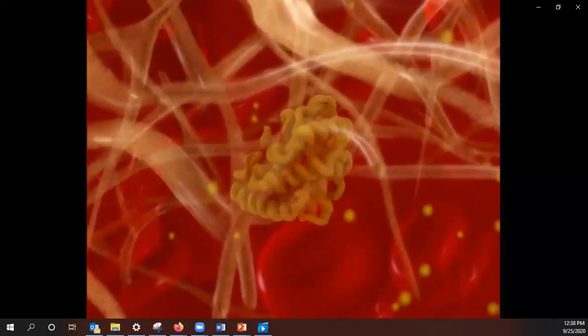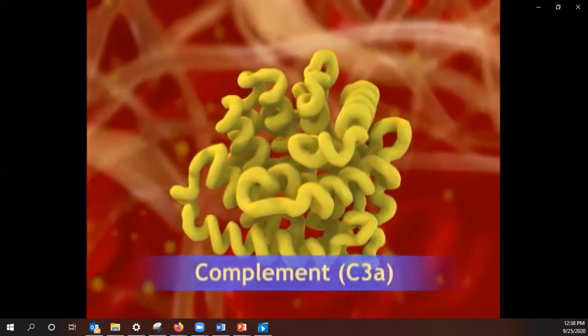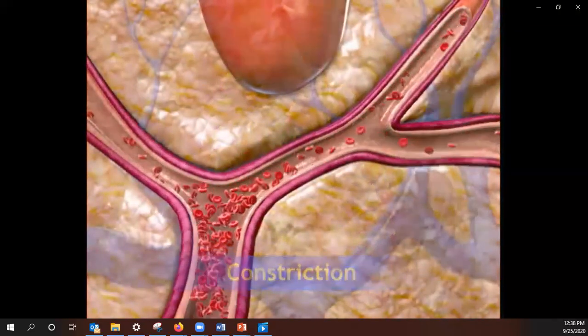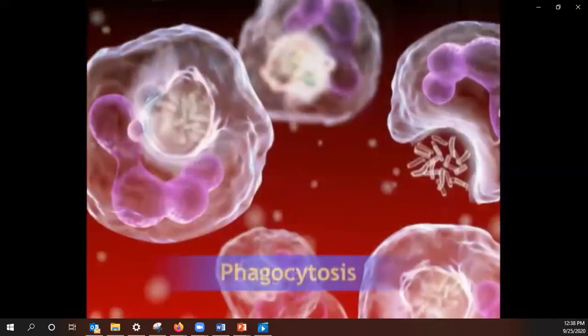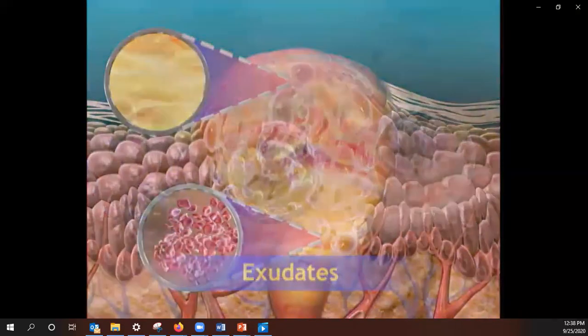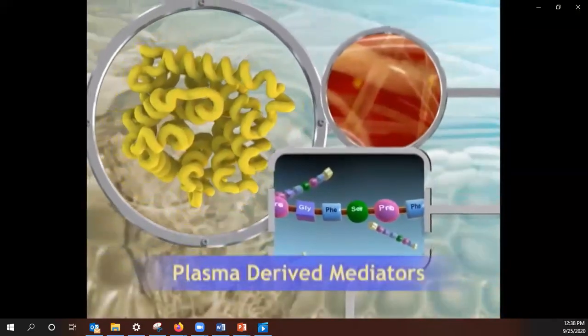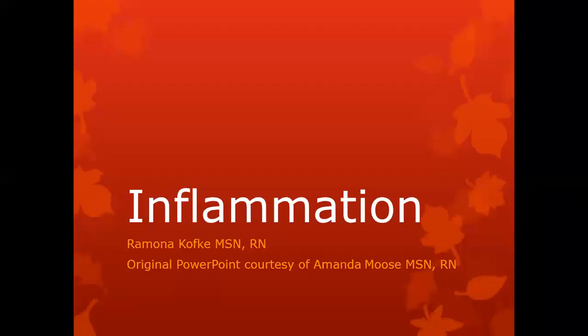The complement cascade causes vasodilation, promotes leukocyte chemotaxis, and augments phagocytosis. Acute inflammation comprises a variety of complex protective responses to injury that together lay the groundwork for the next stages of the body's recovery: immune response and tissue repair.